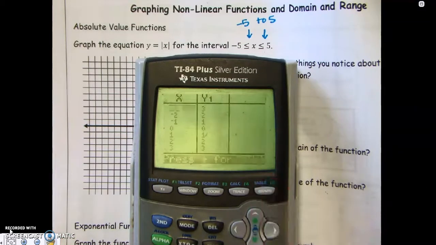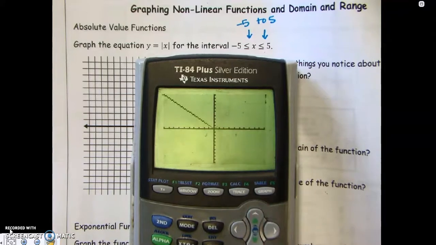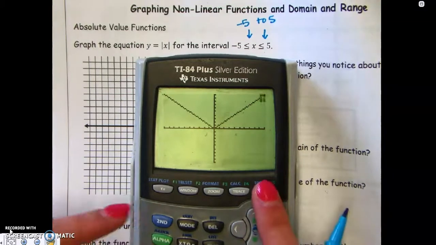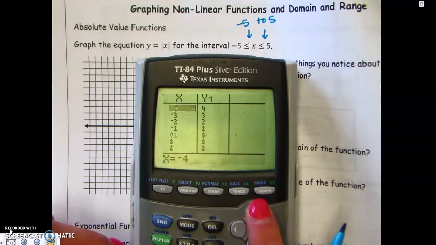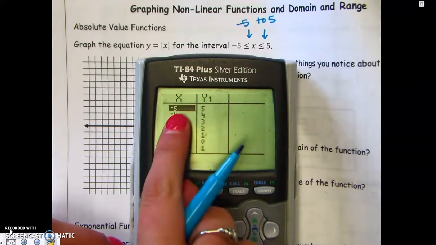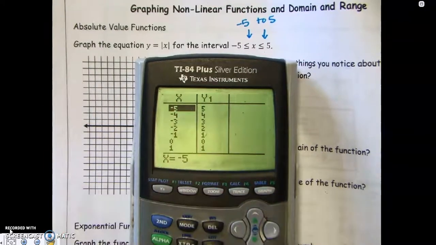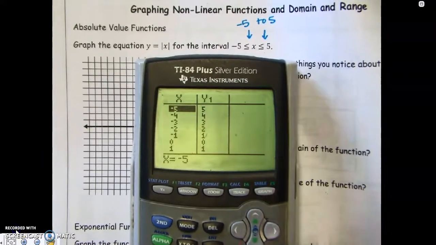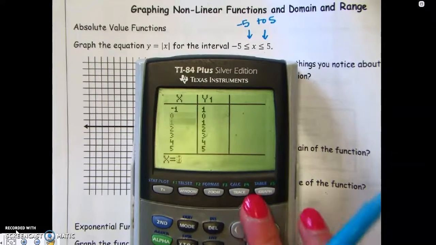All right, so now I'm going to look at my table. Well, first I'm going to look at the graph. So it's a V, okay? It's going to look like that when I graph it. When I graph it, though, I only want to graph the points from -5 to 5. So I'm going to put my table where it starts at -5, and I'll just graph till I get to 5.